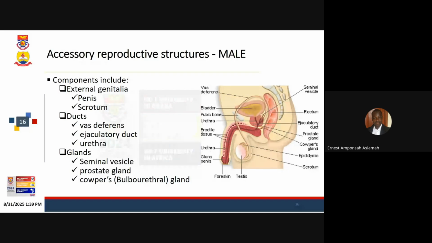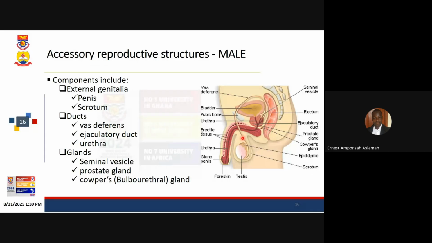With the external genitalia, we have the penis and the scrotum. Then we have the other structures which are considered as ducts.